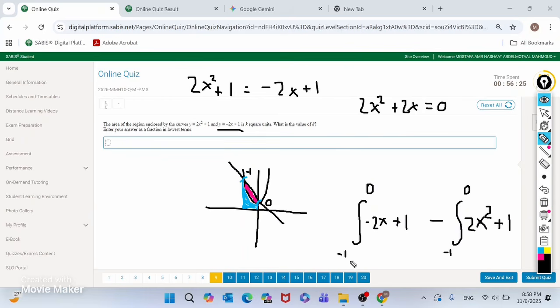Okay, so guys, if you put this on your calculator, but the calculator is also going to take like 30 minutes. Negative 1, 0, negative 2x plus 1, minus, from negative 1 to 0 also, 2x squared plus 1.